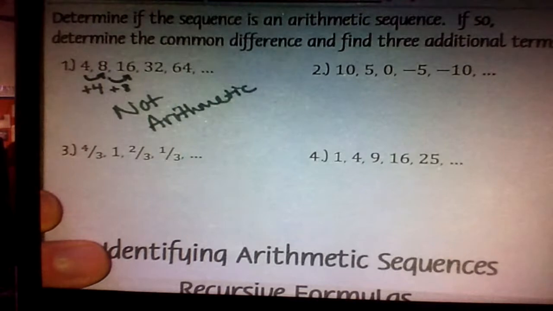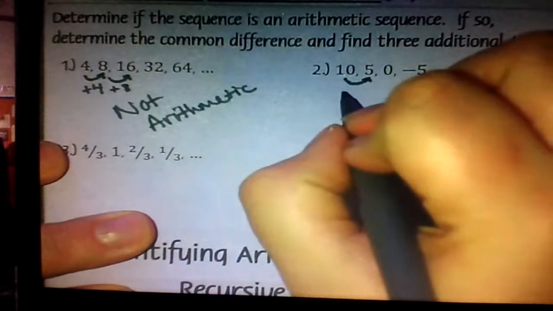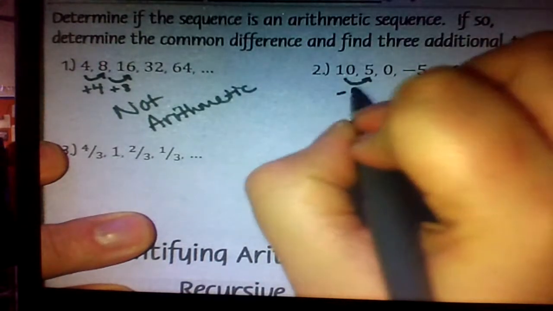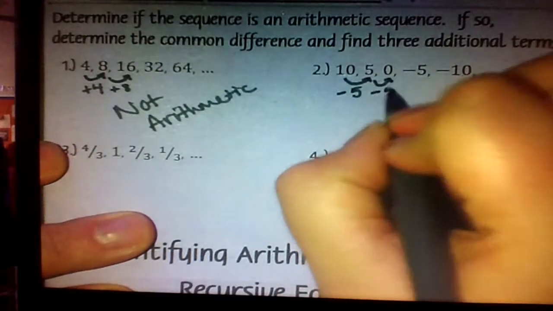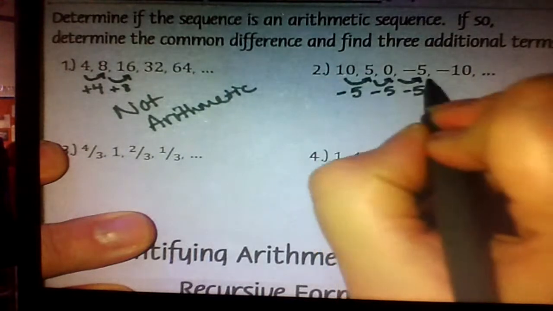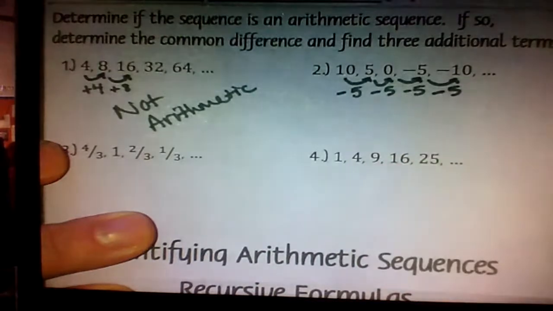Take a look at number 2. We're going from 10 to 5, decreasing by 5. 5 to 0, decreasing by 5. 0 to negative 5, decreasing by 5. Negative 5 to negative 10, decreasing by 5.